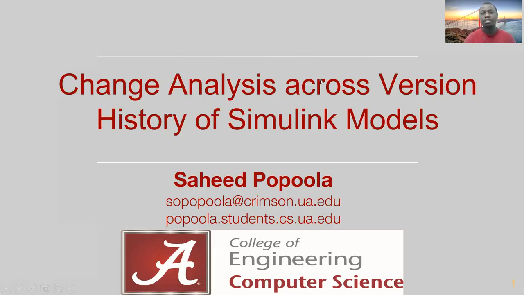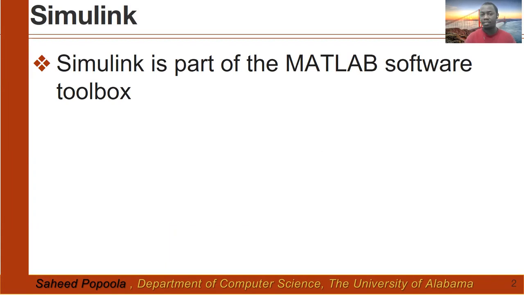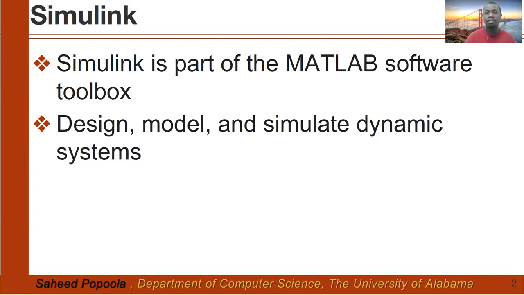Today, I'll be presenting on change analysis across version history of Simulink models. First, what is Simulink? Simulink is part of the MATLAB toolbox. It's software that we use to design, model, and simulate dynamic systems.